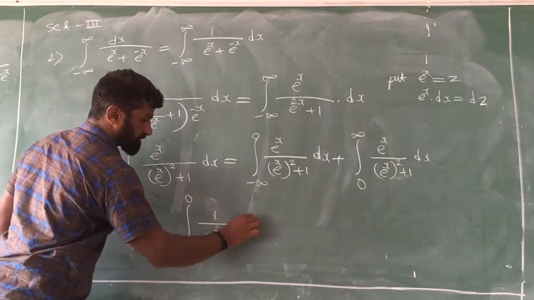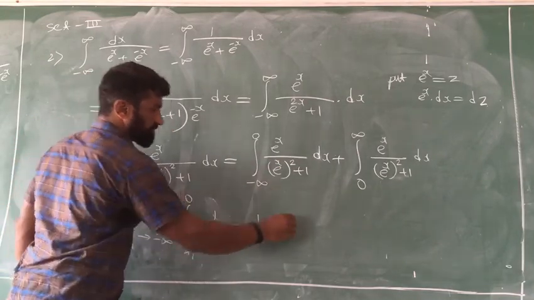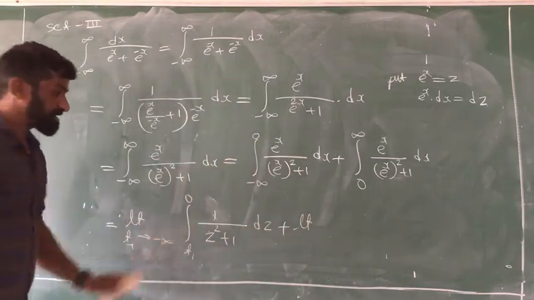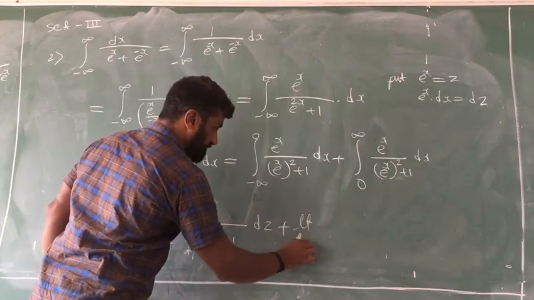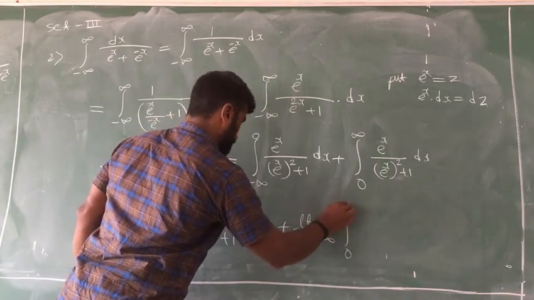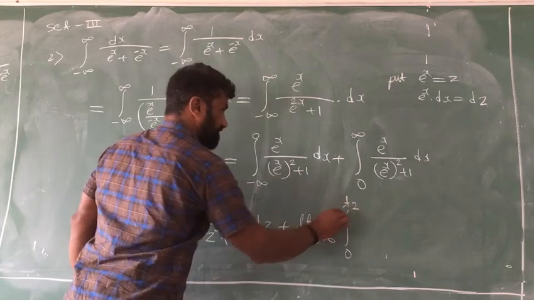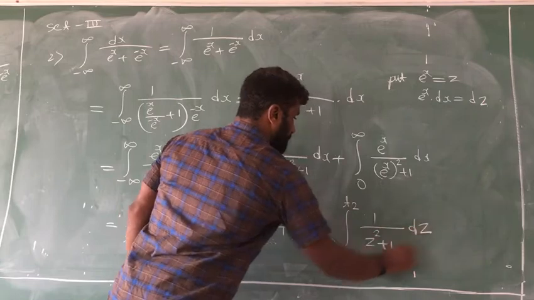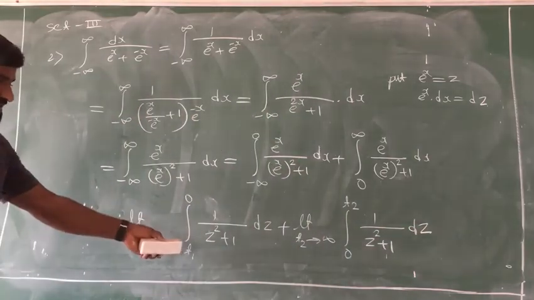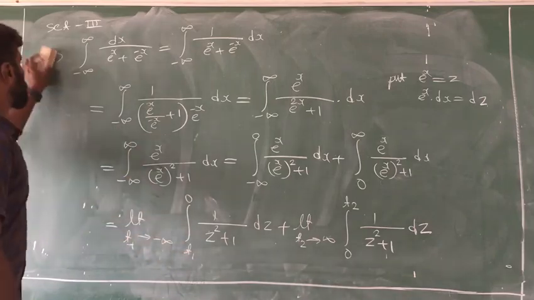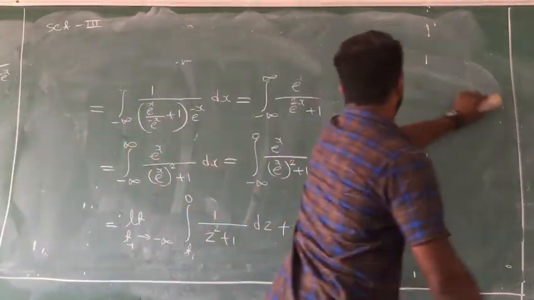square plus 1 into dz, plus limit, because it is an improper integral, to convert to proper apply the limit t2 tends to plus infinity, integration of 0 to t2 of 1 divided by z square plus 1 into dz. As it is 1 divided by x square plus a square, the formula is 1 by a into tan inverse of x by a. So I can write like this.